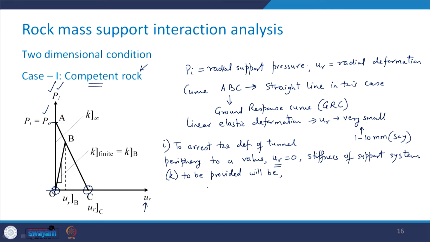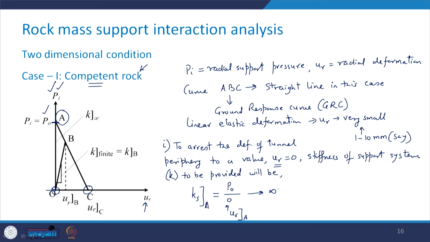So in that case, it is this point which is going to be there, because corresponding to this point A, UR is equal to 0. So the stiffness Ks at A is going to be P naught upon 0, because this is UR at A, and this will tend to infinity.